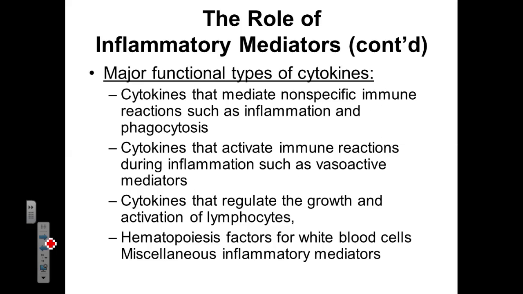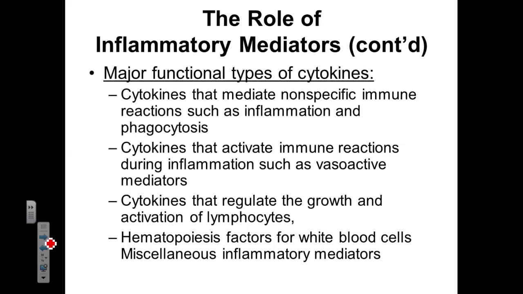So we can have different kinds of cytokines within our broad category. These different subcategories of cytokines can mediate nonspecific immune responses, such as inflammation, or attract those phagocytes to stimulate phagocytosis. Some cytokines that activate immune reactions during inflammation are going to have vasoactive mediators.